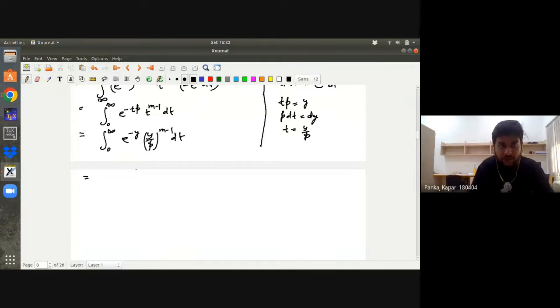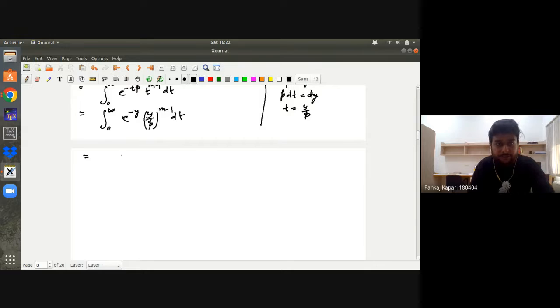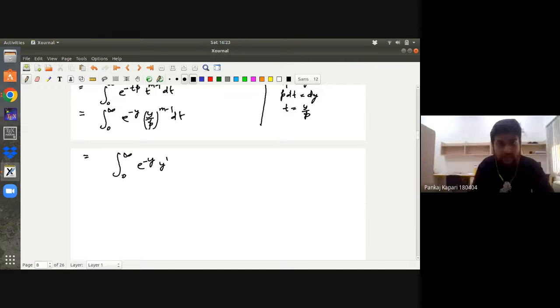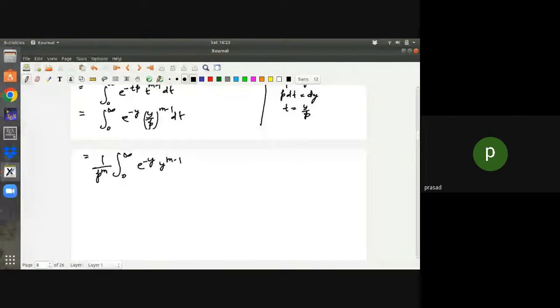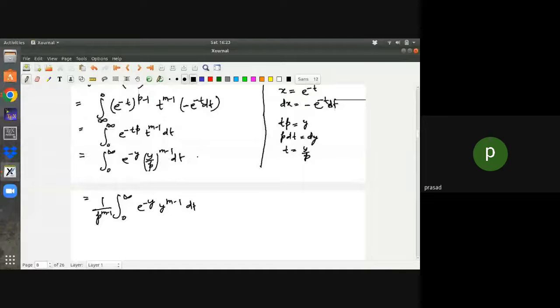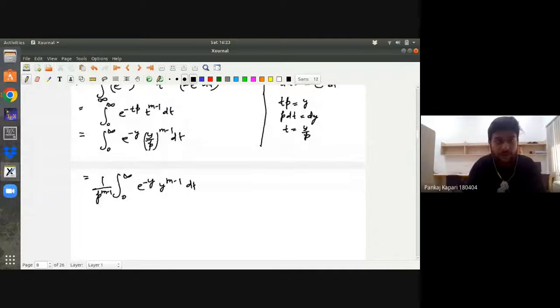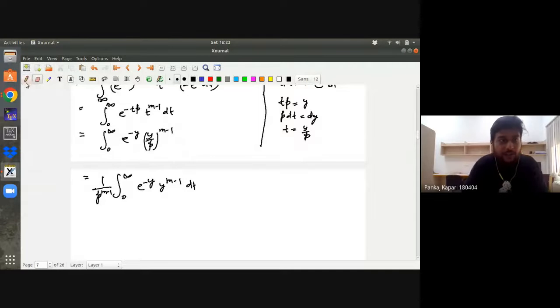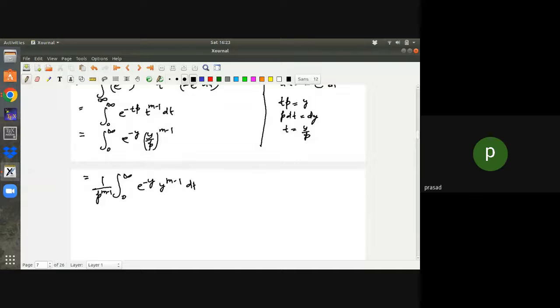So this will become 0 to infinity, e to the power minus y, y over p to the power m minus 1 dt, right? And instead of dt we have to write dt in terms of dy. So what is dt?